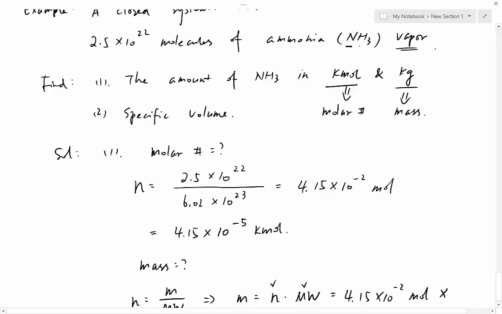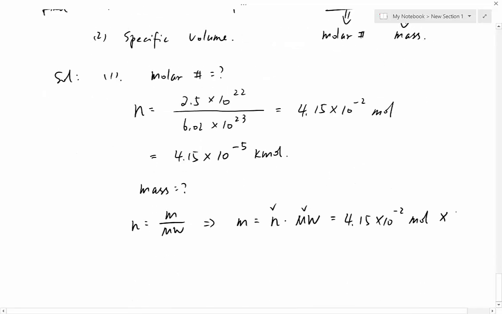And then you go to the periodic table again, look for the molecular weight of hydrogen, and the solution is 1. However, how many hydrogens do you have? You have 3 of them. So that means 1 multiplied by 3. In total, that's 3. 3 plus the molecular weight of nitrogen, which is 14. So in total, your solution is 17.